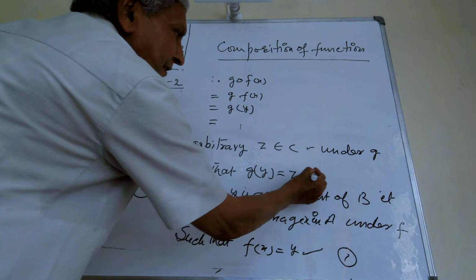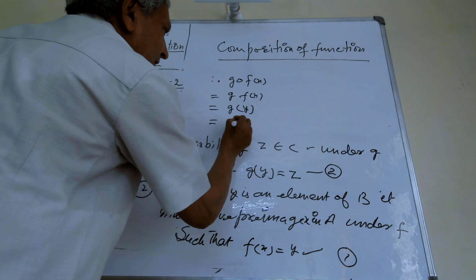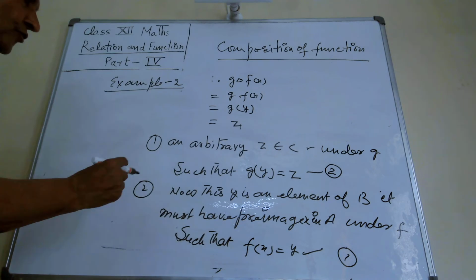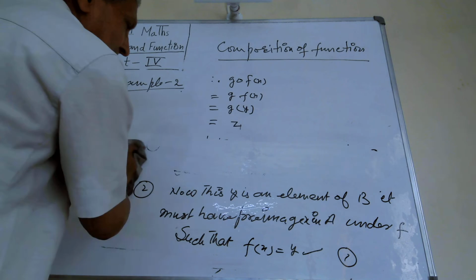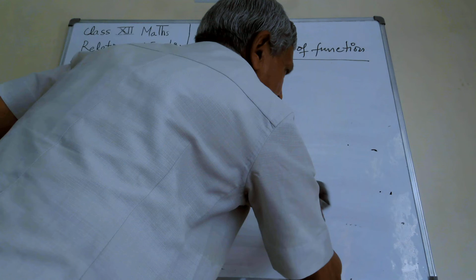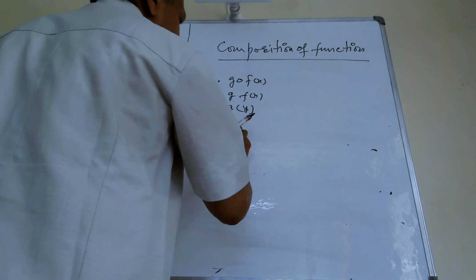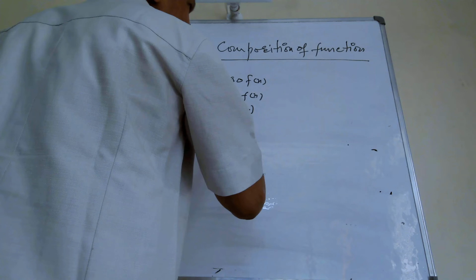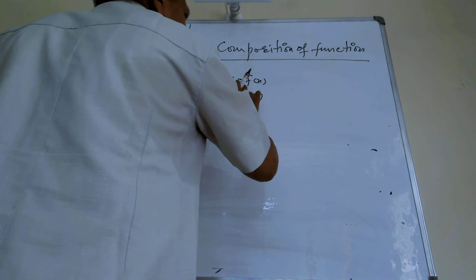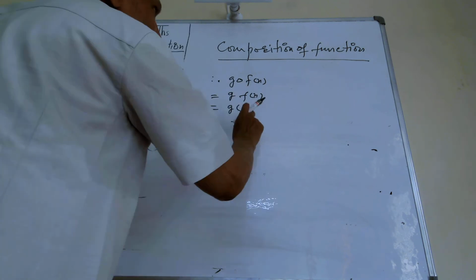Here this is the second. g(y) is equal to z. This shows that z belongs to C and this x belongs to A under gof. This is the condition of onto.